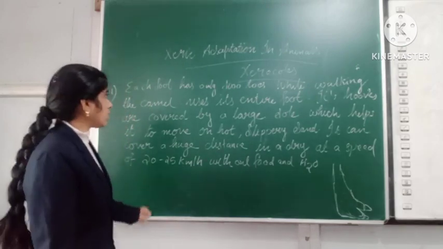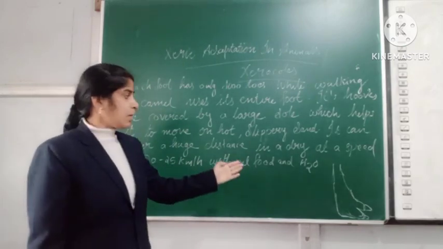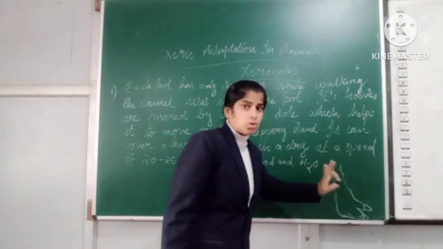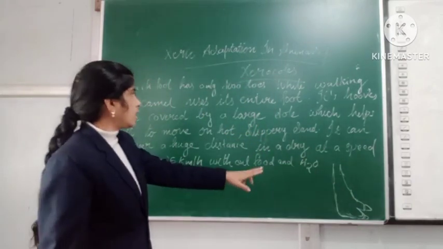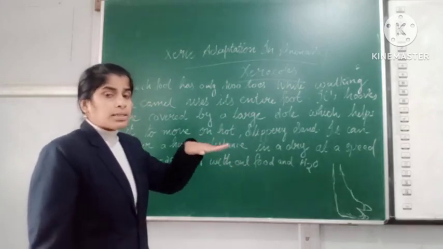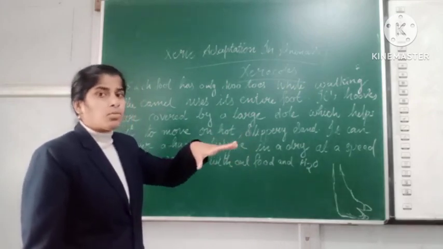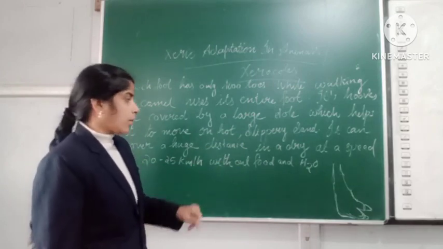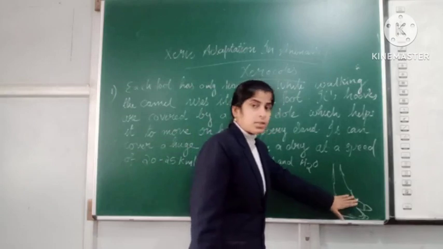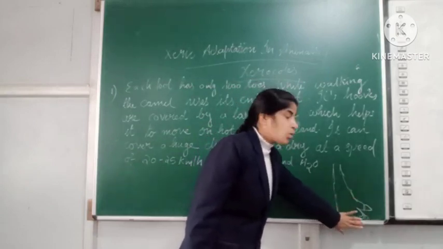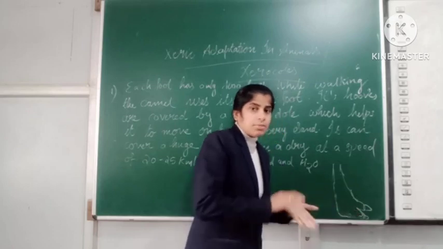So once again, each foot of the camel has only 2 toes, and this helps in walking. When they walk, they use the entire foot. And the hooves have a sole also. Sole means a flat surface.